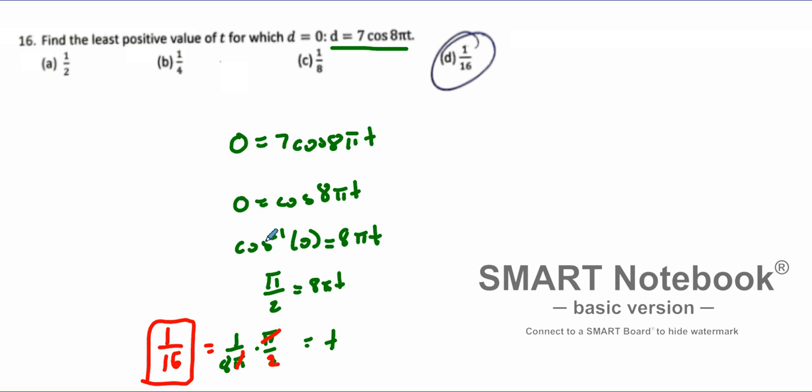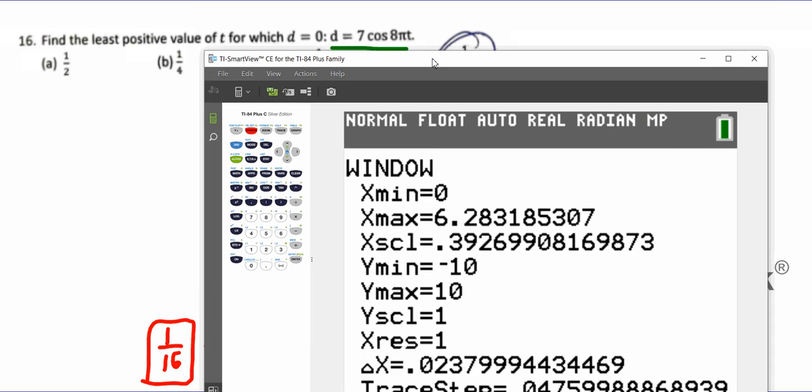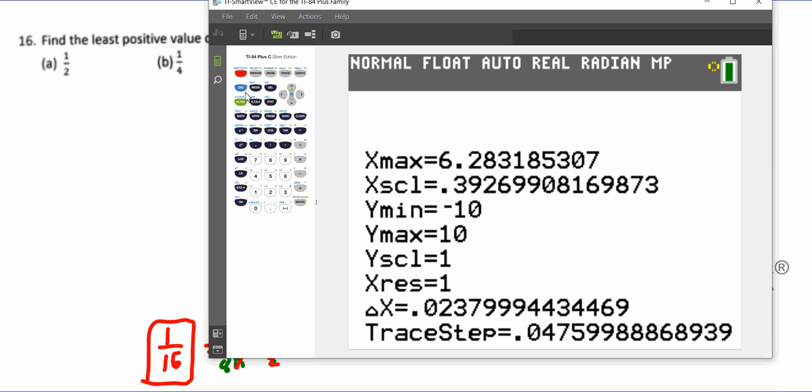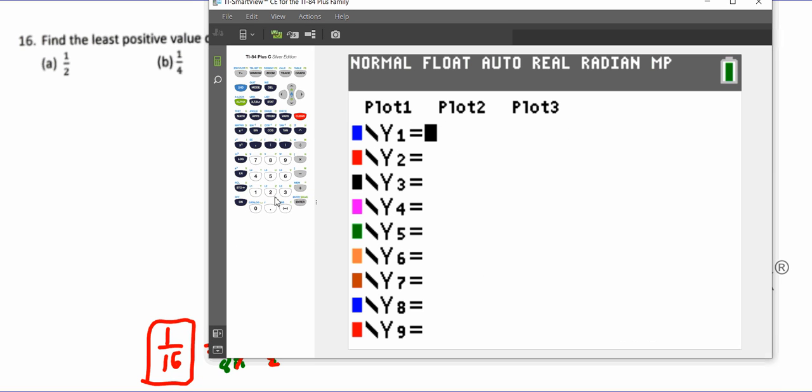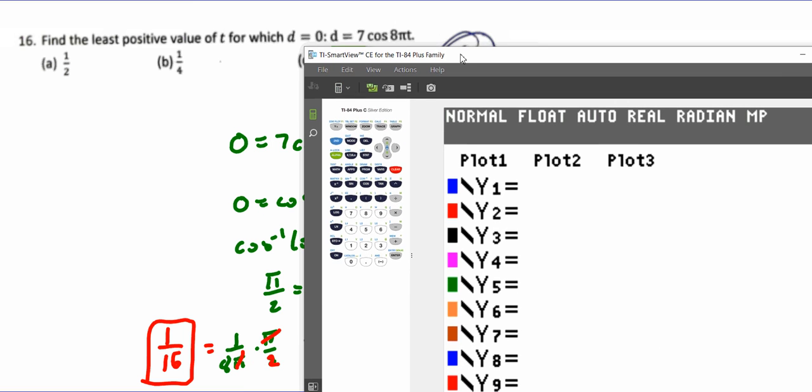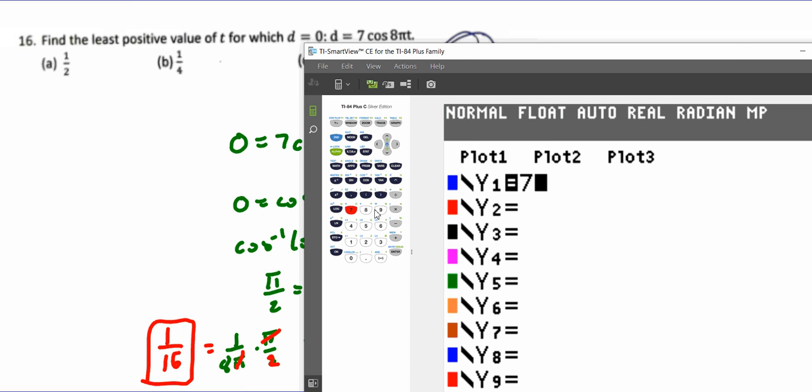And you can find out what that value is going to be there. We can also go to our calculator if we wanted to, and we can find this out using our calculator. So if you go to your y equals, we know that equals 0, so we can plug this value in here. So we can go cosine of 8 pi, x is going to be our t value, and we'll close this parentheses.